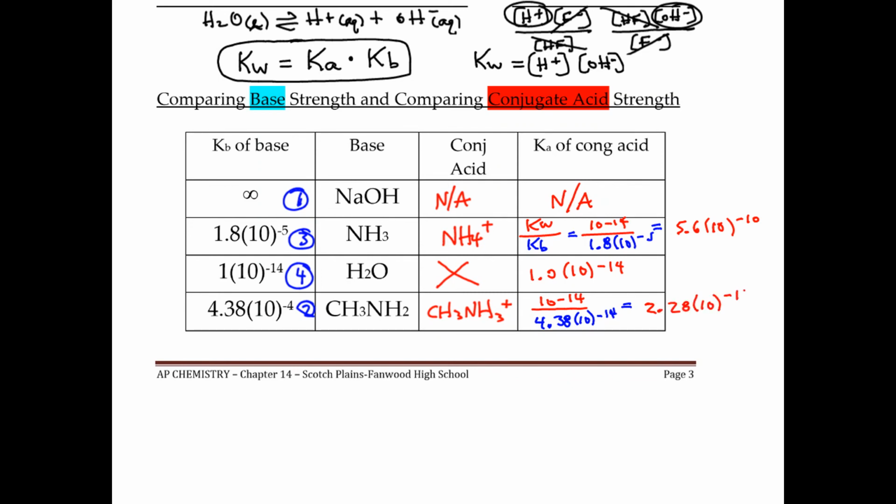So now we're going to compare these acids, and we're going to find out that the strongest one is the NH4+, which is going to be the ammonium, followed by number 2, which is called methyl ammonium, and lastly is going to be water in this order here.